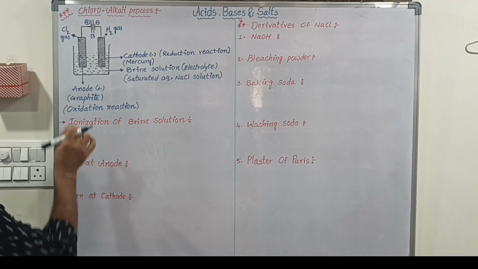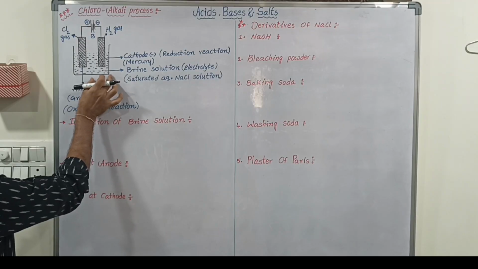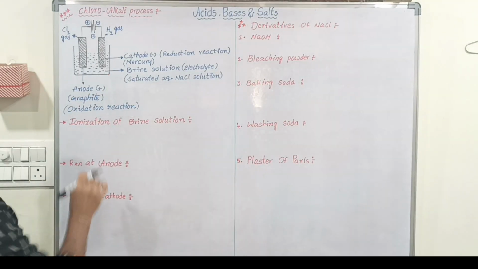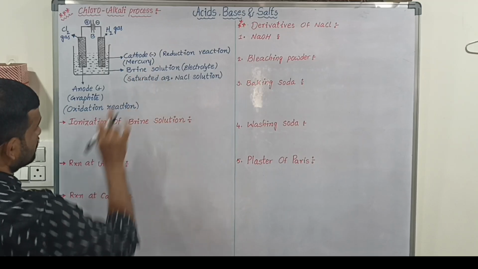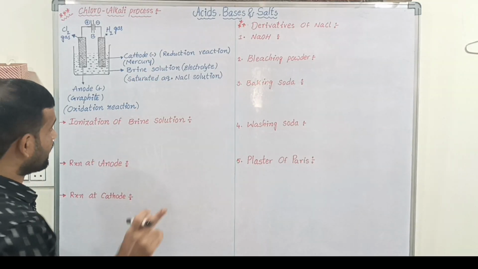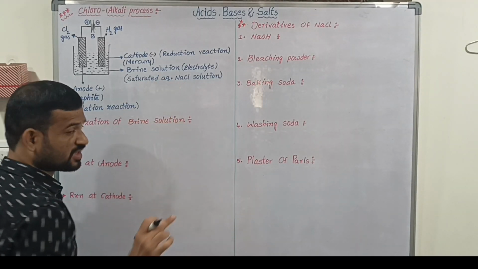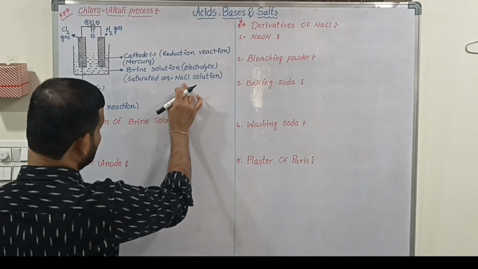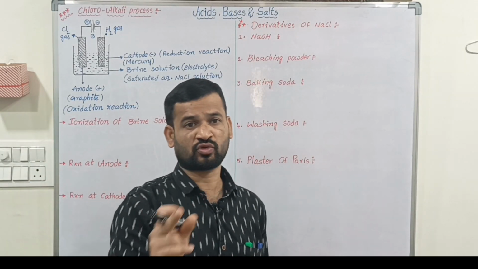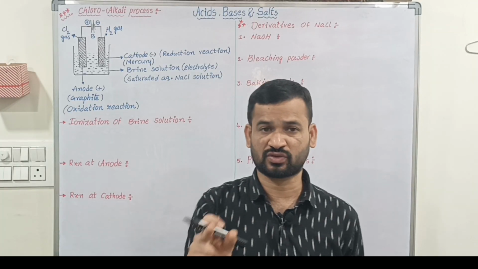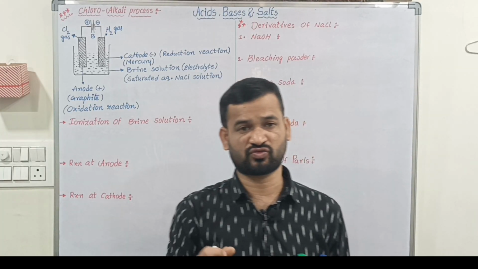So here for that I have taken an electrolytic cell. In this cell I took brine solution as electrolyte. Brine solution is made up of a mixture of sodium chloride and water. So we should take more sodium chloride salt into a specific amount of water.